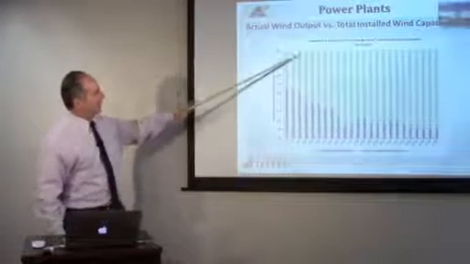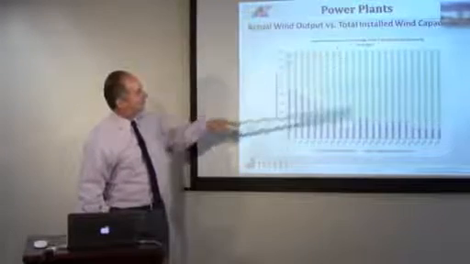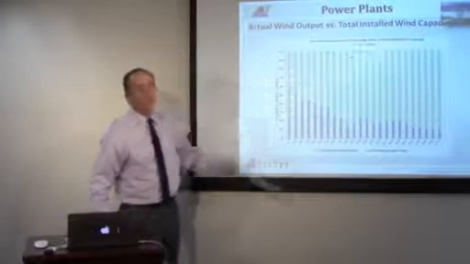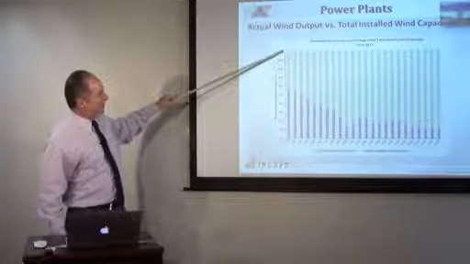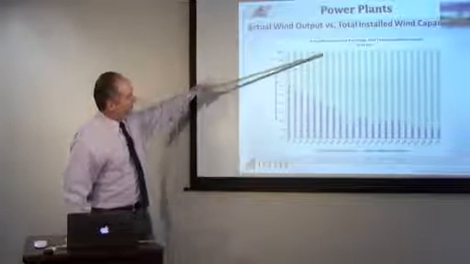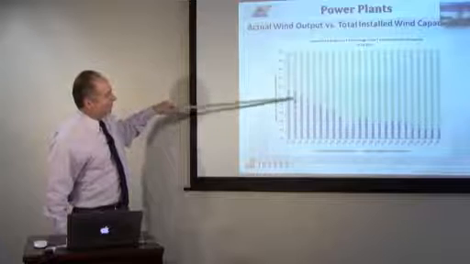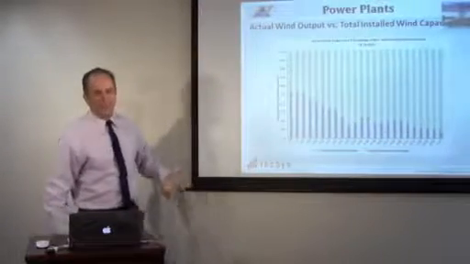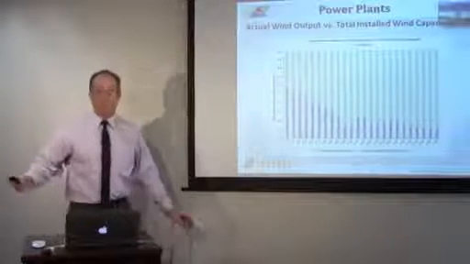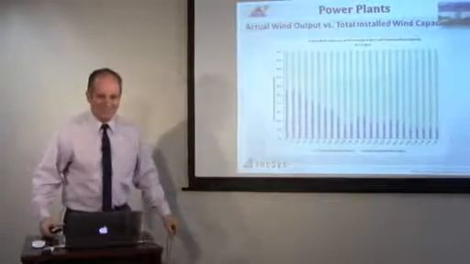Here's another one about actual wind output as a percentage of total installed wind capacity. We've installed quite a bit of wind, yet what we're actually generating is not close to our installed capacity. So just because you put wind turbines out there doesn't mean you're going to get the energy.